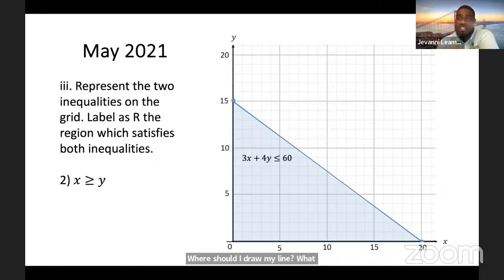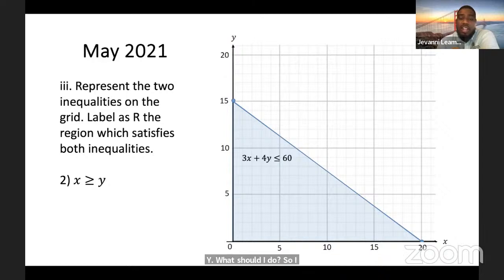Is there something in particular that I can use to get to this line of x equal to y, and thereafter I will shade the region that satisfies the inequality of x is greater than or equal to y? What should I do?